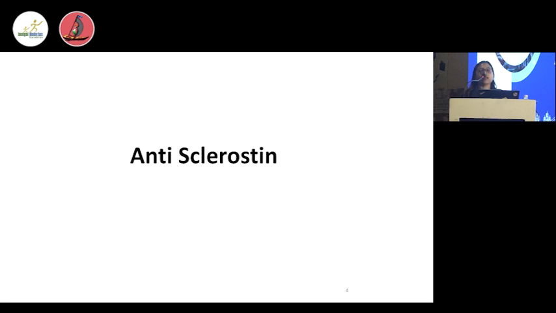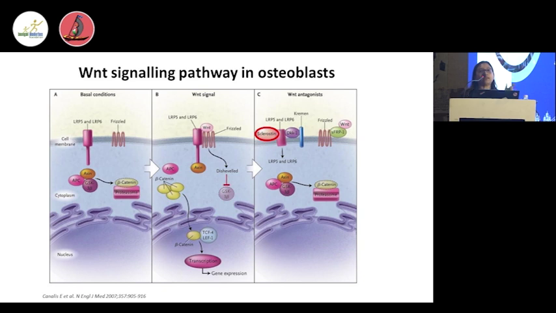Then if we add the anabolic therapy, the bone microarchitecture which has been lost previously cannot be recovered, but the bone mass density can be preserved or improved a little bit if we add the anabolic therapy after the anti-resorptive therapy.